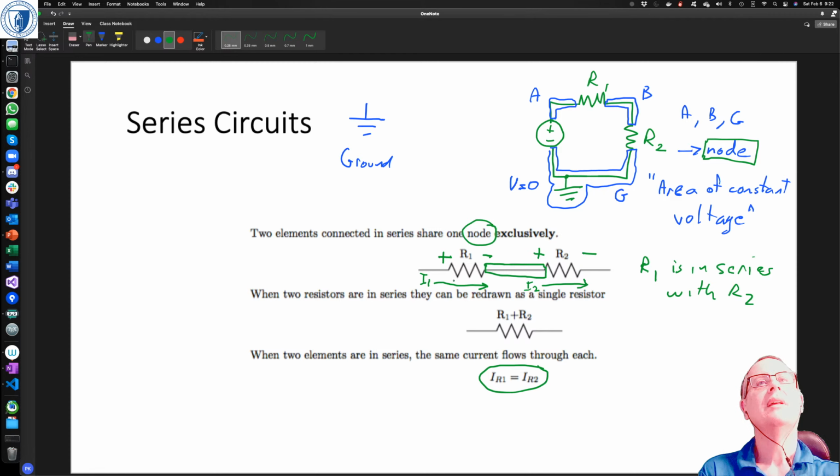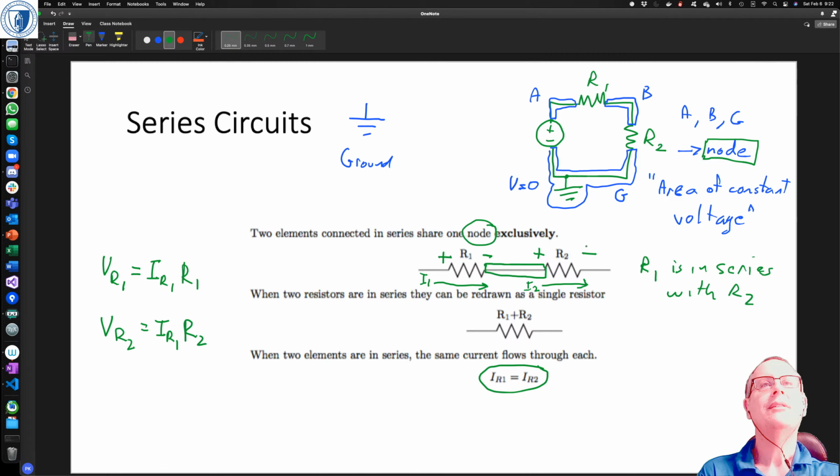so we know that the voltage across R1 is equal to I, let's call it I times R1, just by Ohm's law, right? And we know that the voltage across R2 is also equal to I times R2, because I1 and I2 are equal.